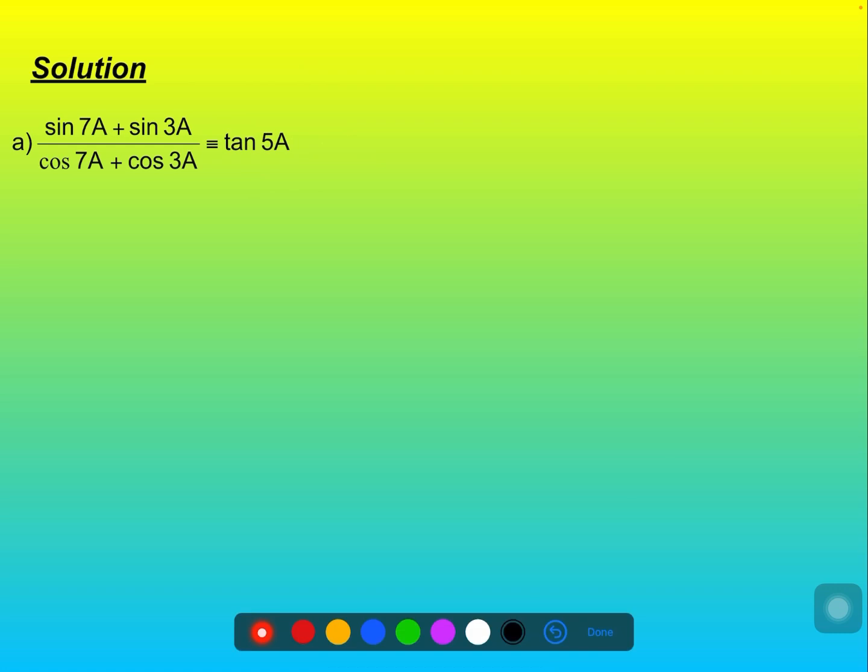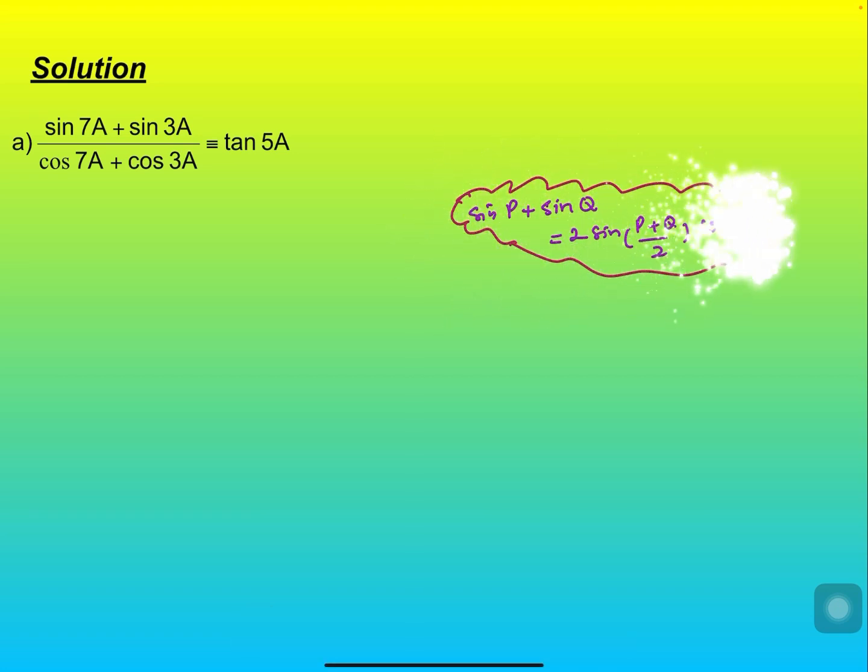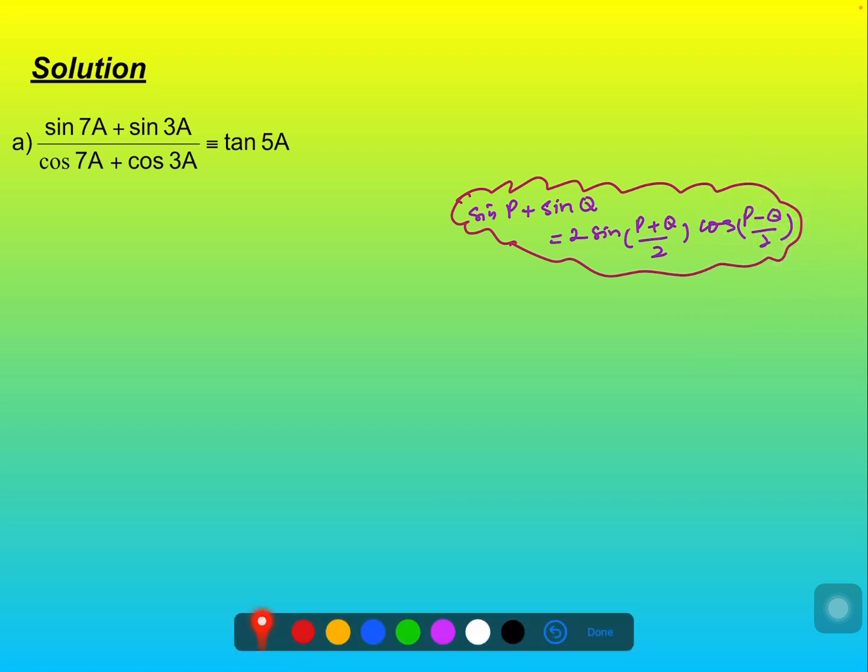A, sin 7a plus sin 3a over cos 7a plus cos 3a is equivalent to tangent 5a. So we may start. The above one here, sin 7a plus sin 3a, using this formula sin p plus sin q equals 2 sin (p plus q over 2) cos (p minus q over 2).